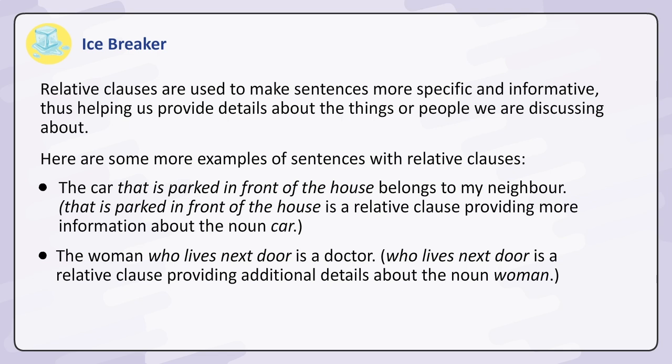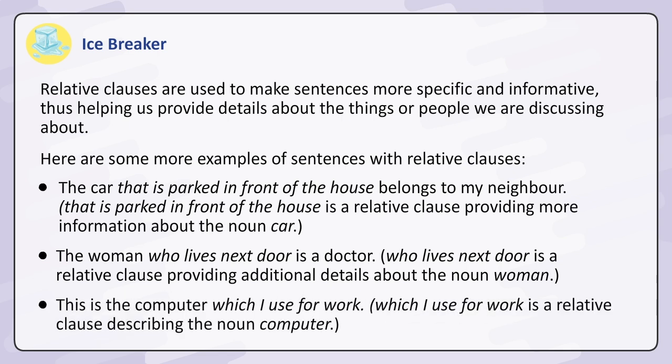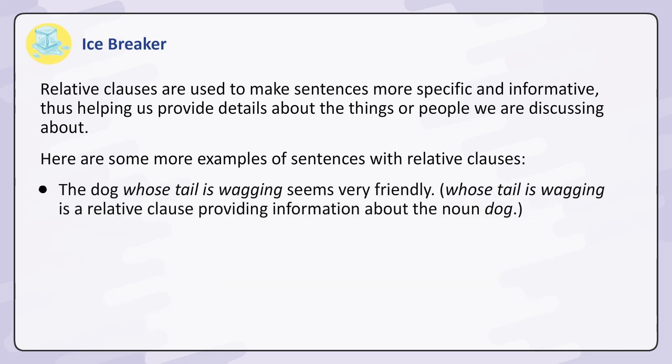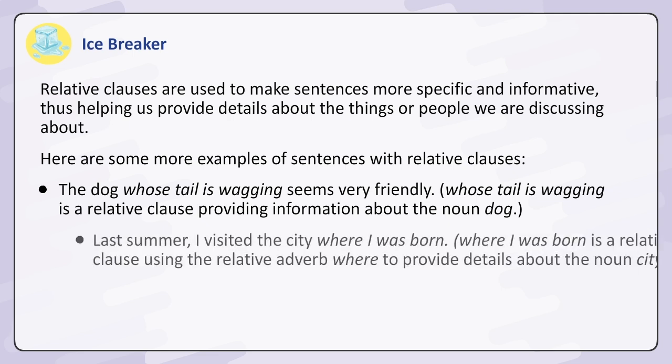Who lives next door is a relative clause providing additional details about the noun woman. This is the computer which I use for work. Which I use for work is a relative clause describing the noun computer. The dog whose tail is wagging seems very friendly. Whose tail is wagging is a relative clause providing information about the noun dog.